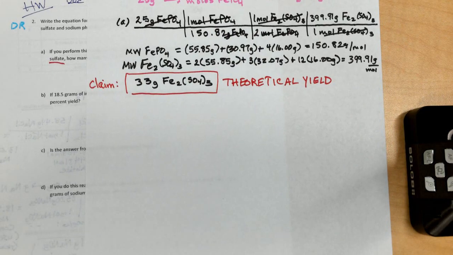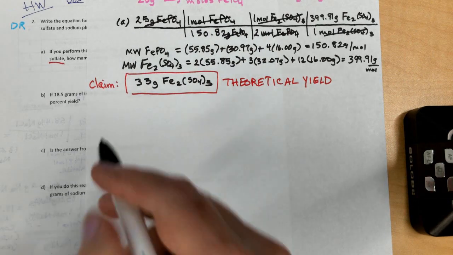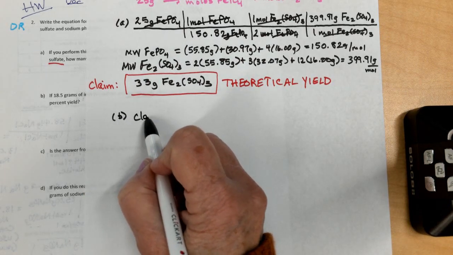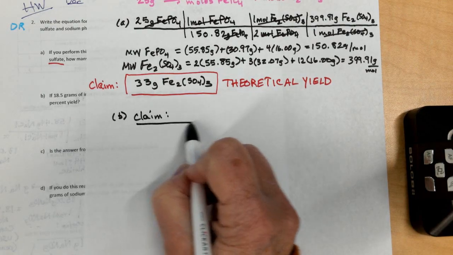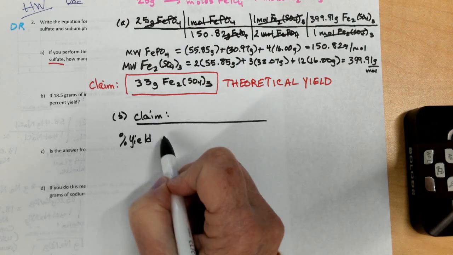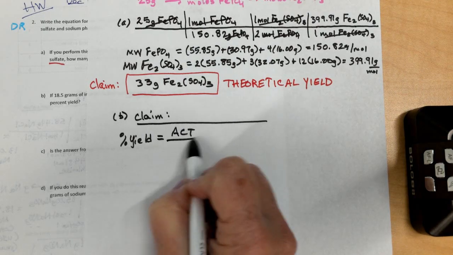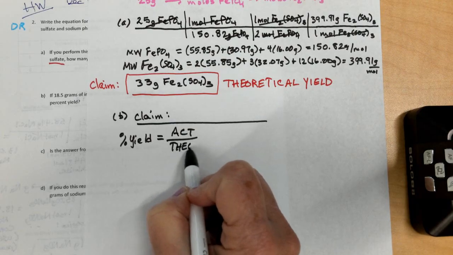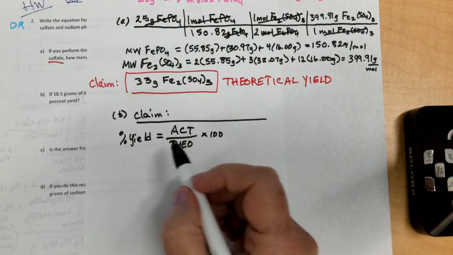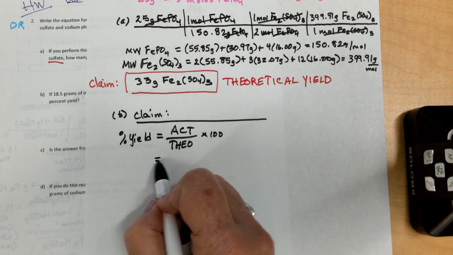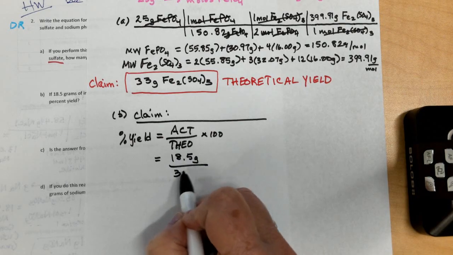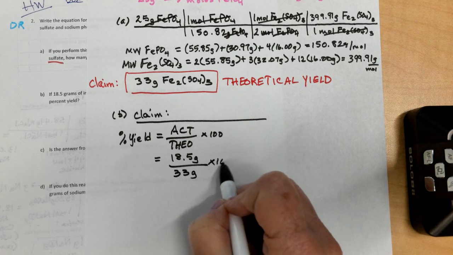So for part B, here's our claim. So the percent yield, always write your formula, actual over theoretical times 100, and you can do this, you don't have to write the words out. And that's going to give me 18.5 grams over the theoretical 33 grams times 100.